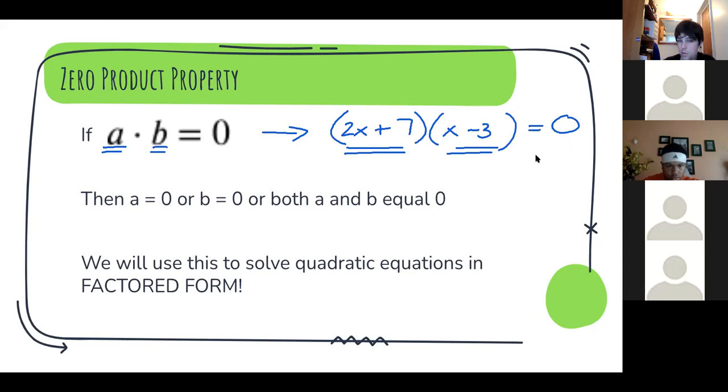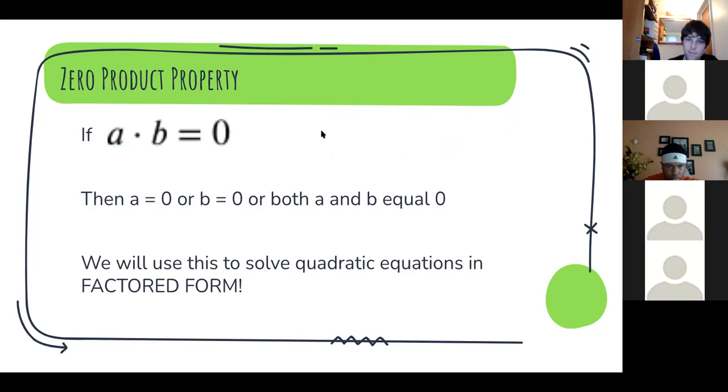And this is how we're going to use it to solve quadratics in factored form. We'll talk more about this in just a second, but if you get your quadratic in factored form, you can use this concept to actually solve it. This equation, again, will only be true if either factor or both factors happen to equal 0.